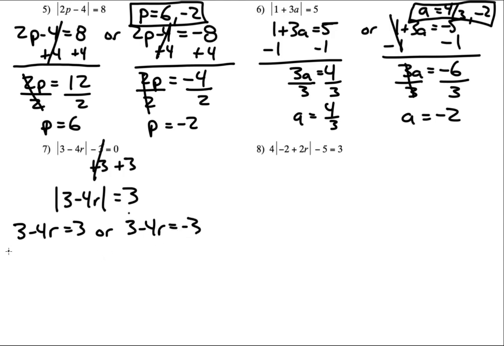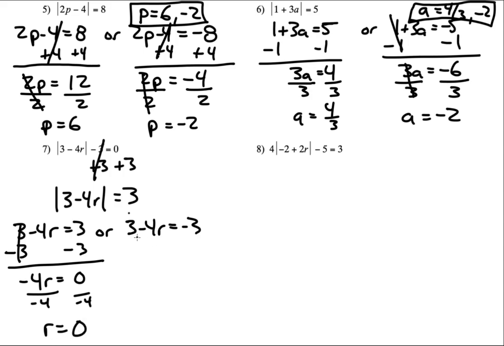So in this case, if I subtract 3 from both sides, these cancel. Negative 4r equals 0. If I divide by negative 4, I get r equals 0. And then here what I can do is I can subtract 3 from both sides.